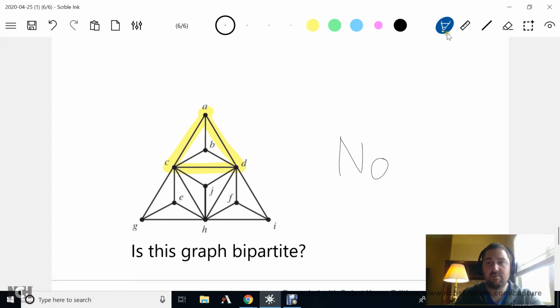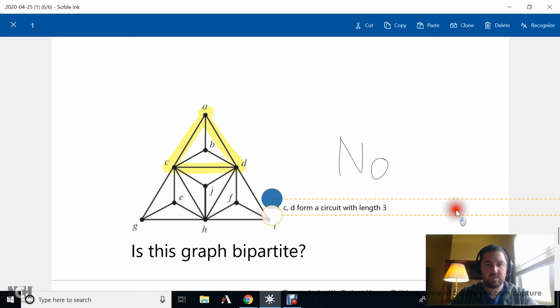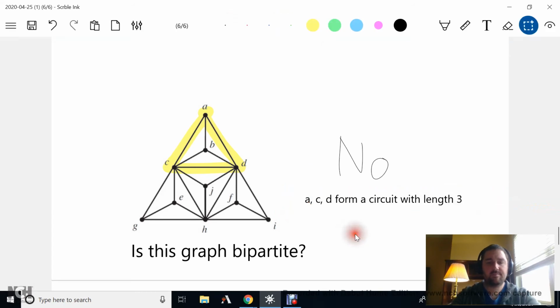And I could just say really simply, if I wanted to explain how I know it's not bipartite, I could say A, C, D form a circuit with length 3, right? That is basically enough to say that it's not bipartite.